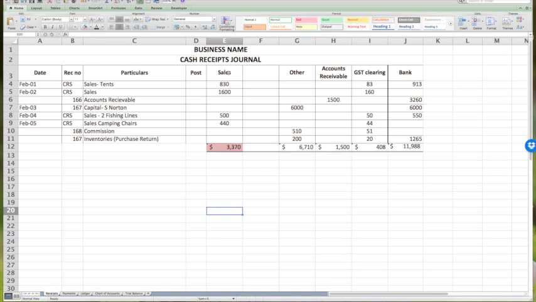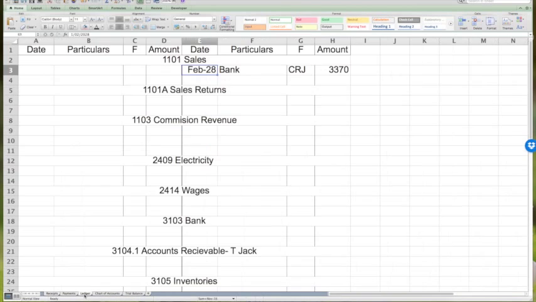Okay. Haven't got a total in this column. The next one over is from the other column, so we need to post these accounts individually. And we post these ones the day that they occurred, because we're not posting a total. So the first account that we've got to post is capital for $6,000, and it happened on February the 3rd. So we pop back into the ledger.